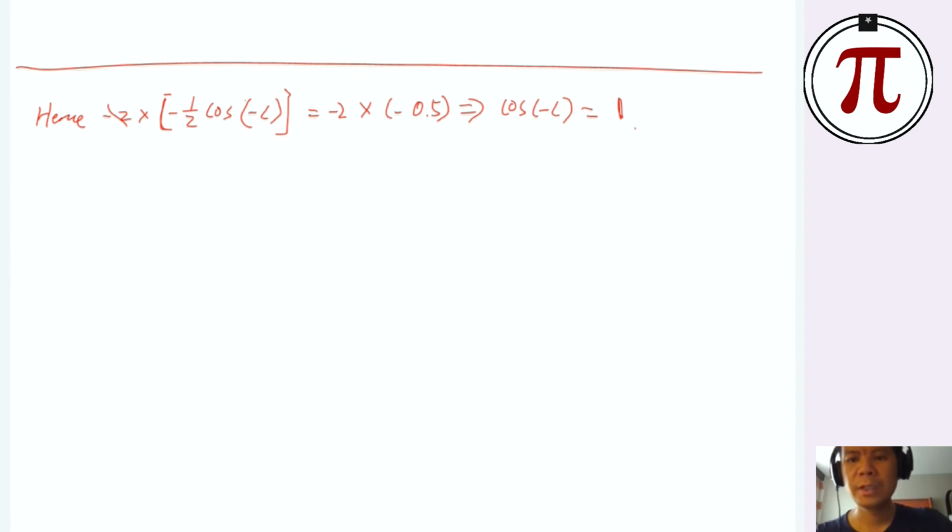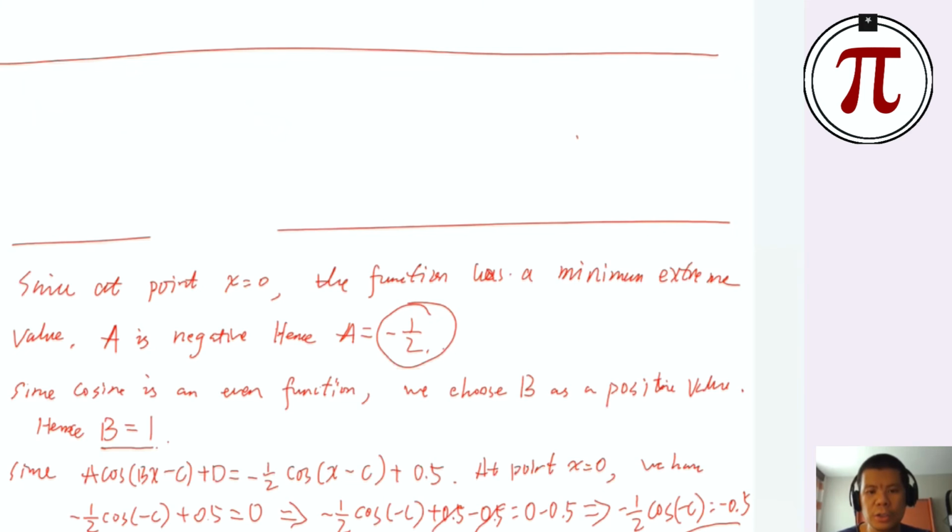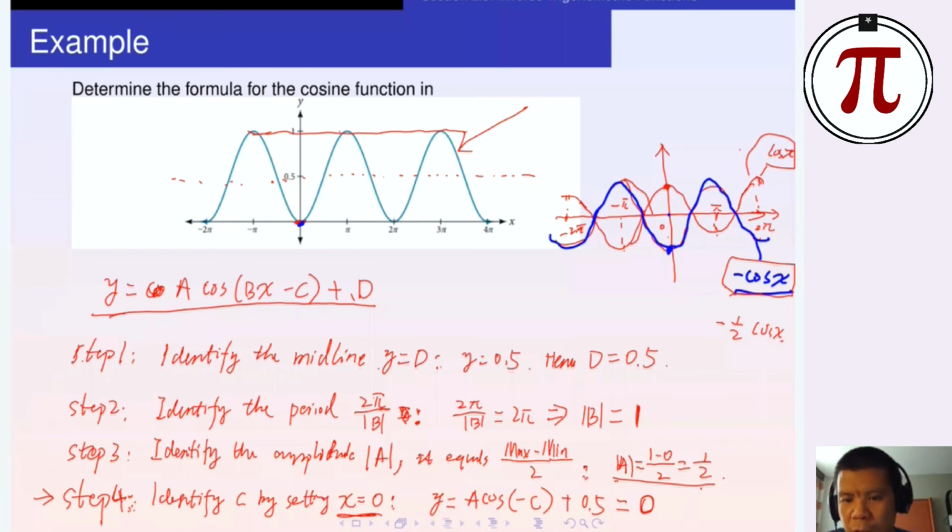Yes. So now this implies what? C can equal 0. That is one choice, right? So C can be 0. C can also be what? If you check the cosine function, at 0 it is 1.